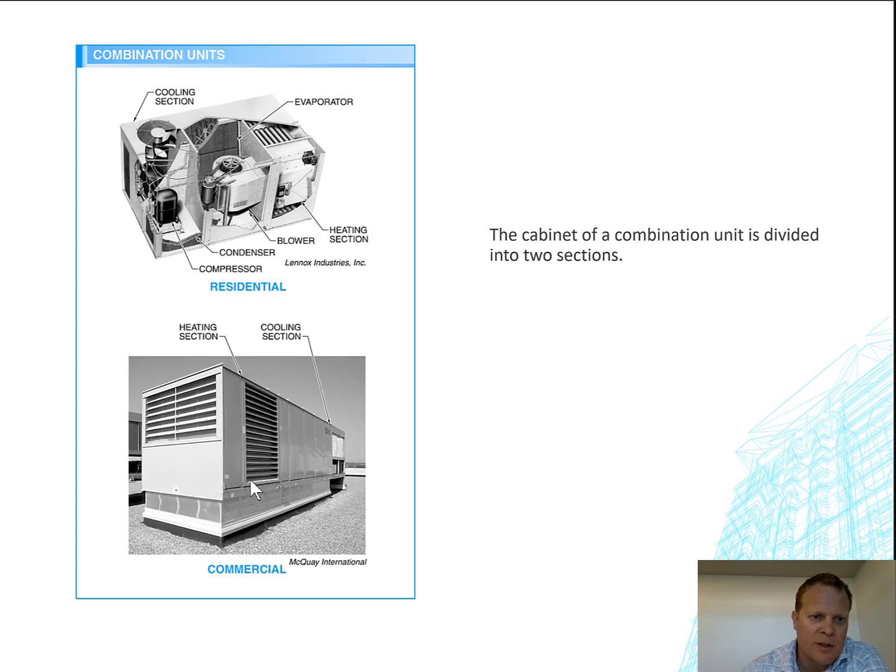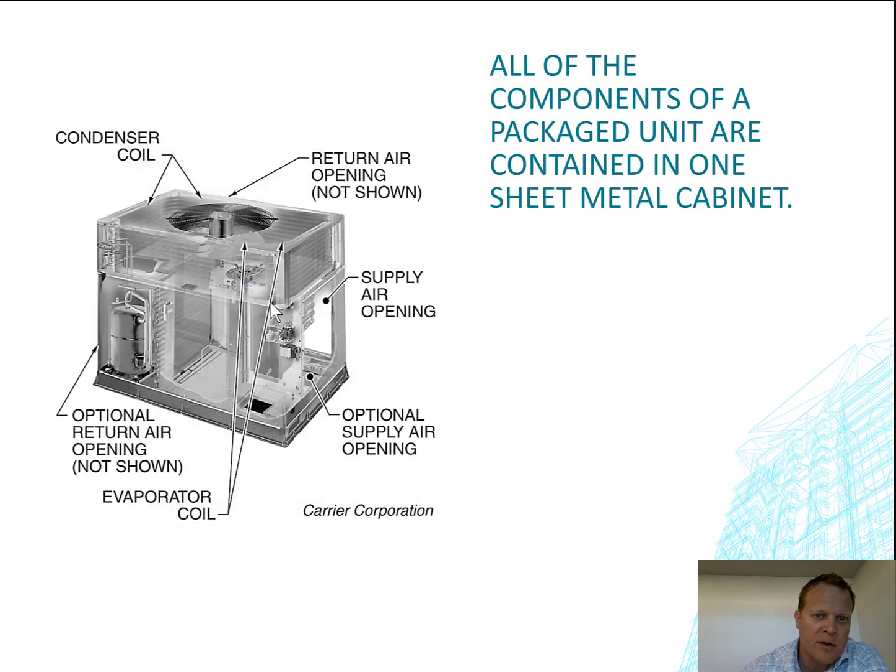On a commercial building, you could have that entire setup packaged into one unit, a combo unit, or what they're calling a packaged rooftop unit. We're going to show that a little bit here.